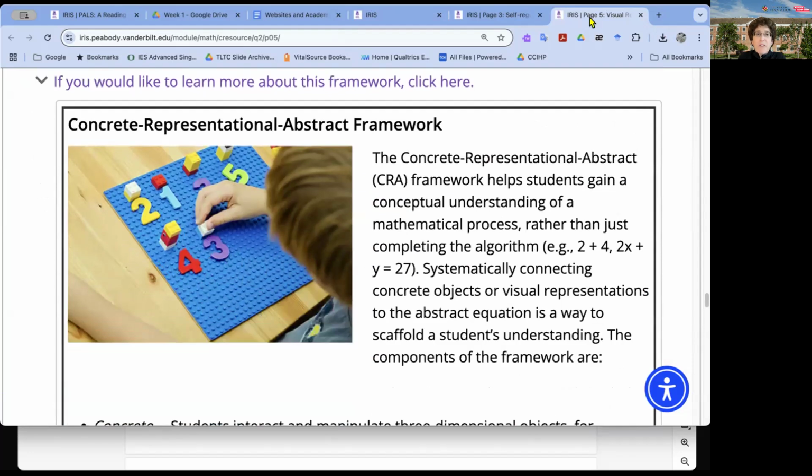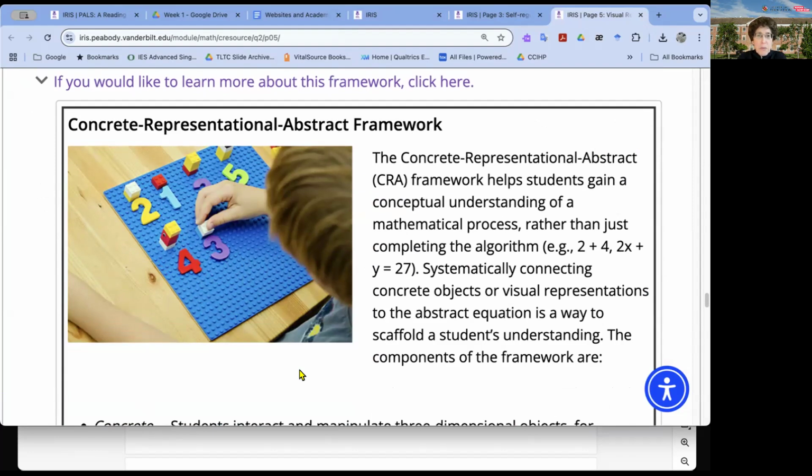Very simply, for some of you who are not really interested in math, we want to just talk about it so you can think about the article that's going to come up. CRA is concrete, which refers to the use of concrete manipulatives or concrete materials that students can use to learn to understand the conceptual aspect of a math problem.